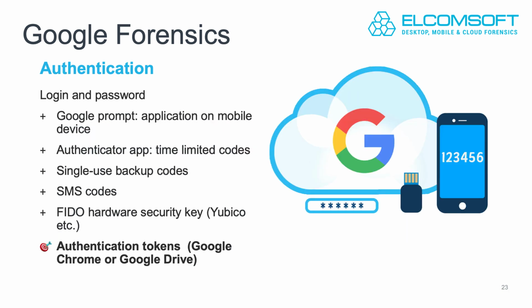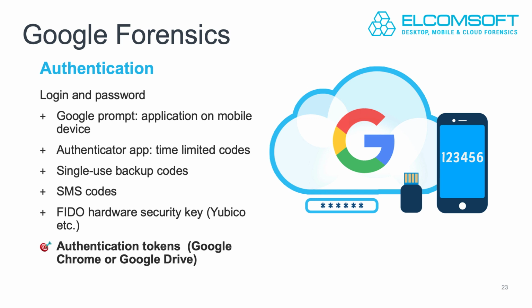In order to access Google data, you must supply the correct Google ID and password. Since many users protect access to their accounts with two-step verification, access to the second authentication factor is also required if it's enabled.